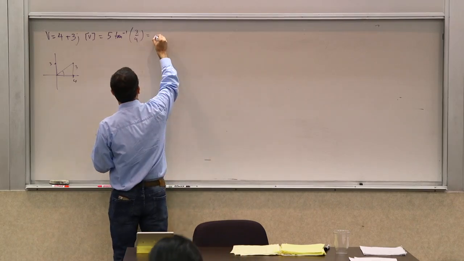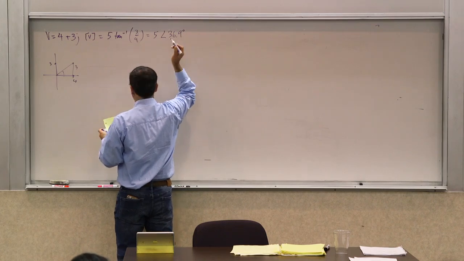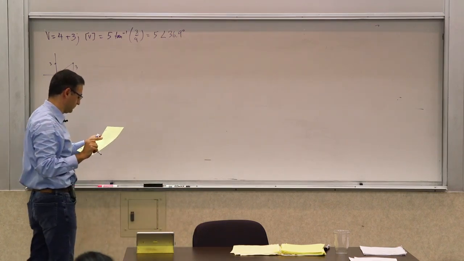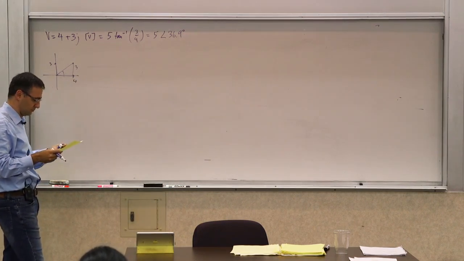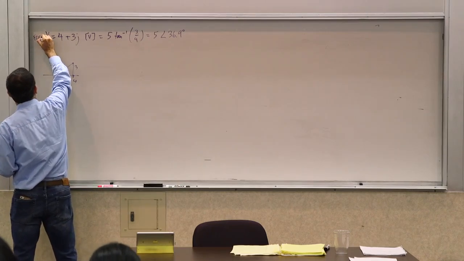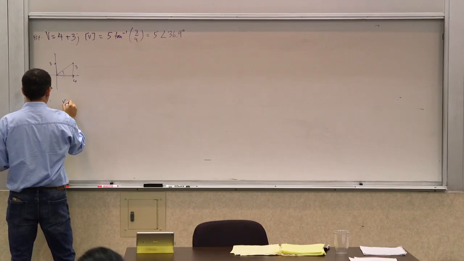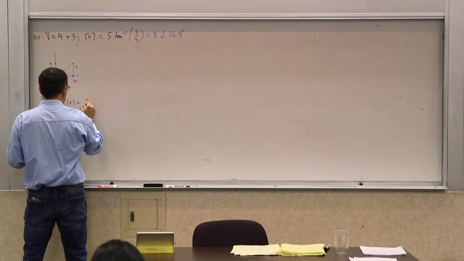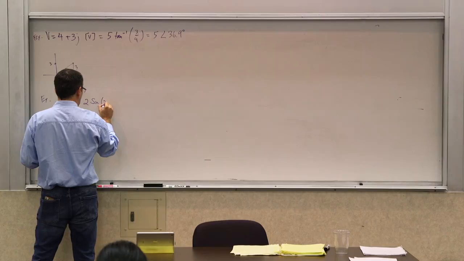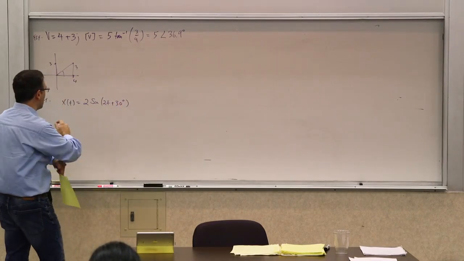So which basically becomes 5 with an angle of 36.9 degrees. Or if I tell you, another example, so this was an example. Another example, if I tell you, what's the phasor representation of x of t being 2 sine of 2t plus 30 degrees, what would you do?